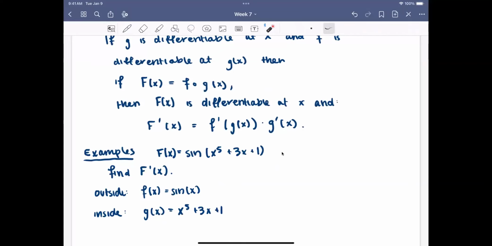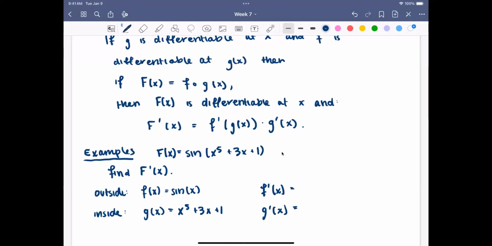Okay, so then to find F prime of x, I need these ingredients. So I'm going to have to know what f prime of x is, and I also need to know what g prime is. So I'll go ahead and write those right here. So let's find f prime of x and g prime of x.